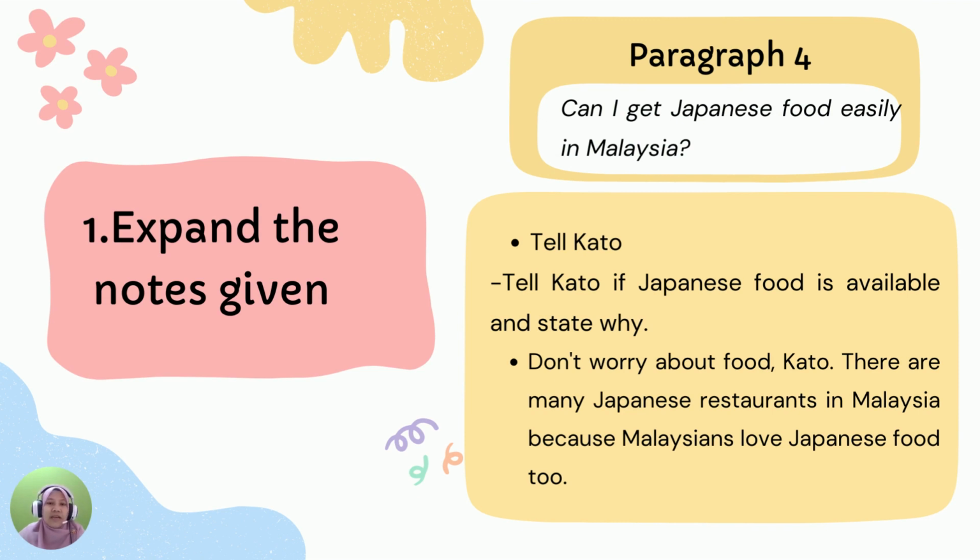In paragraph 4, can I get Japanese food easily in Malaysia? Tell Katu if Japanese food is available and widespread. Don't worry about food, Katu. There are many Japanese restaurants in Malaysia because Malaysians love Japanese food too.